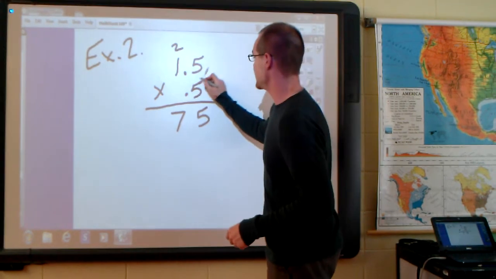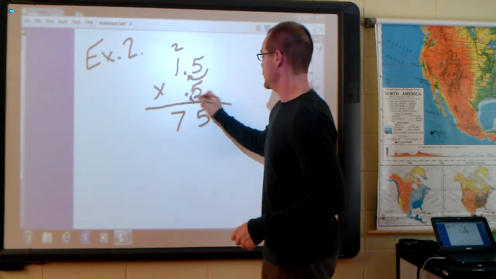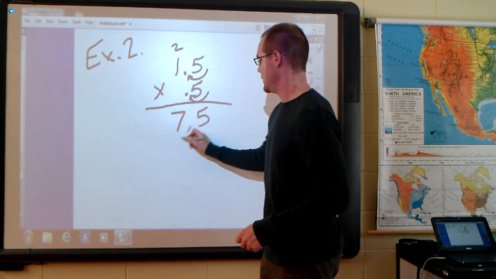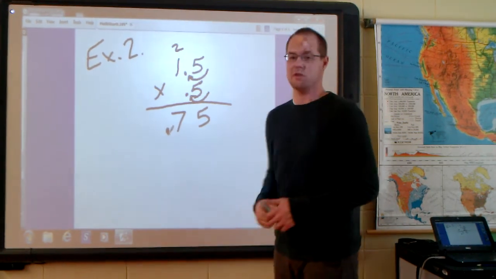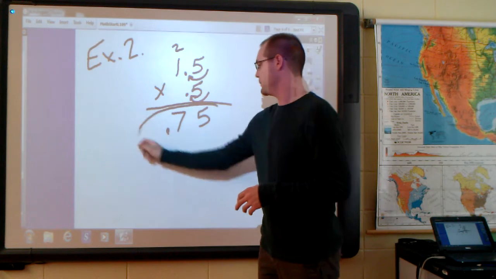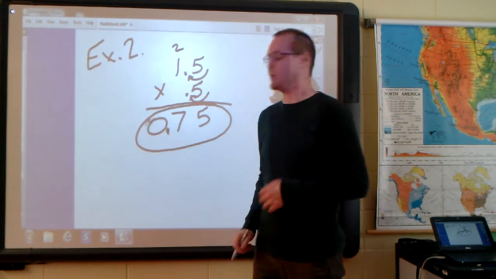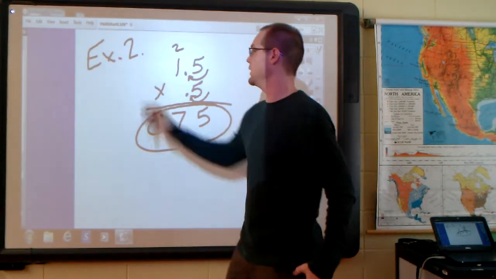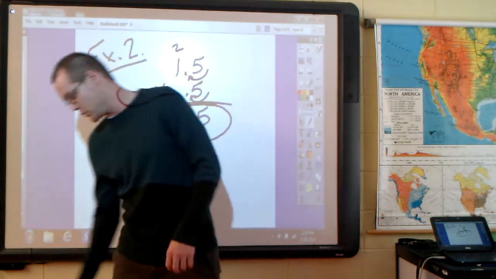Now you count your decimal places. 1, 2, so you move your decimal point 2 places over from the furthest digit to the right. And your answer is 75 hundredths. If you'd like to show 0 and 75 hundredths, that is acceptable. And again, that's your answer for example number 2.